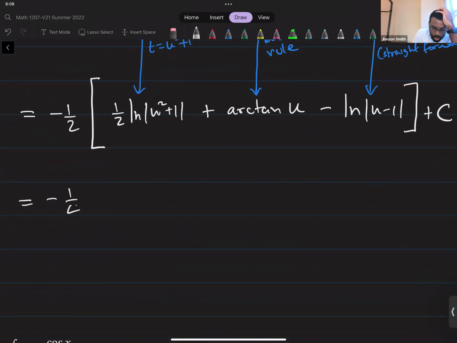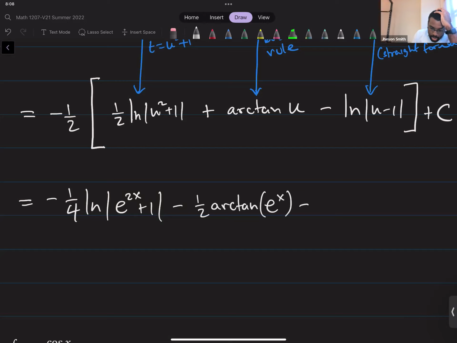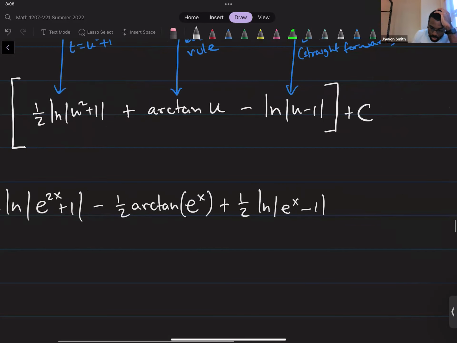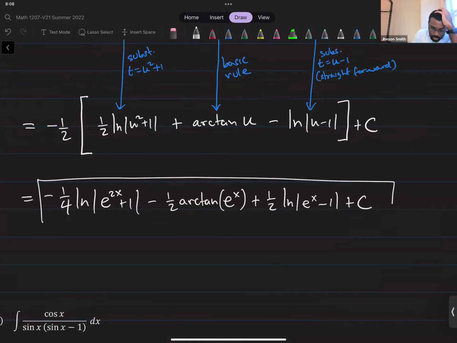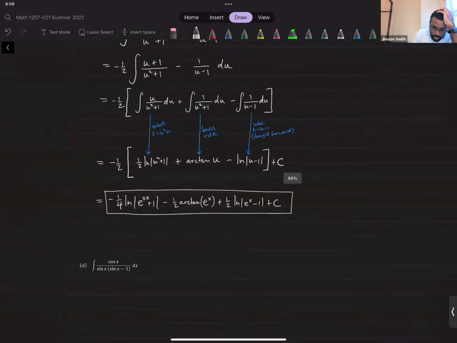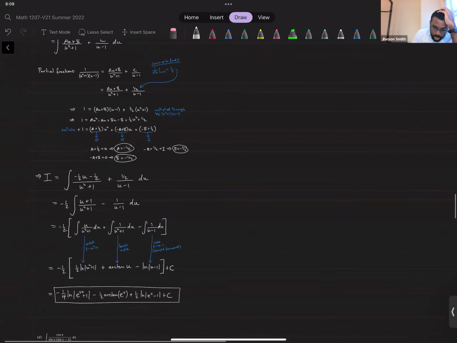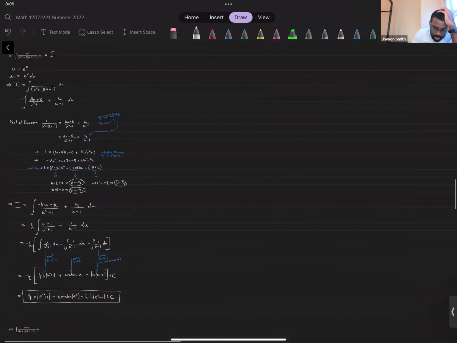This: minus 1/4 ln of e to the 2x plus 1, minus 1/2 arctan e to the x, plus 1/2 ln of e to the x minus 1. Let's see. And that's that one. So that was actually a pretty long one.